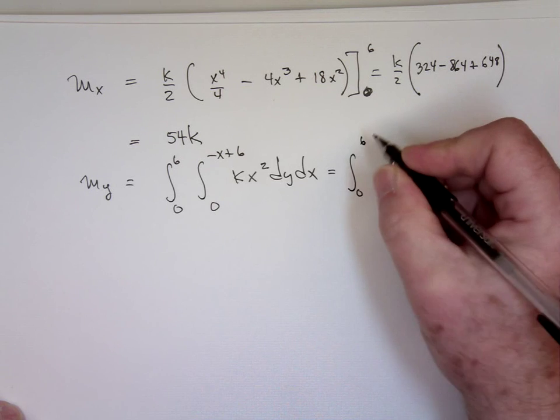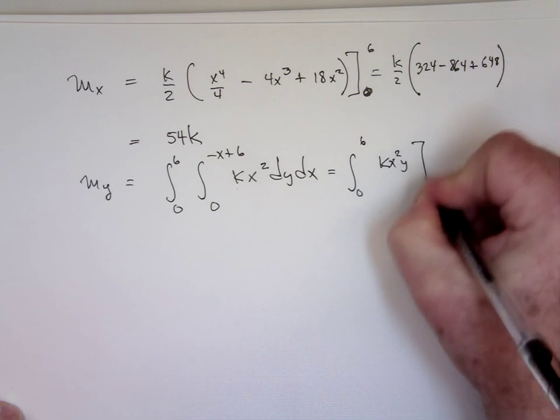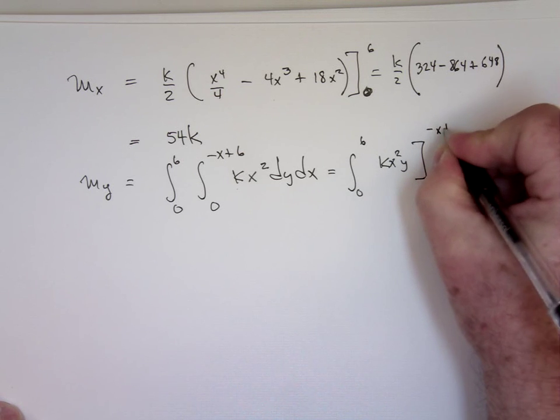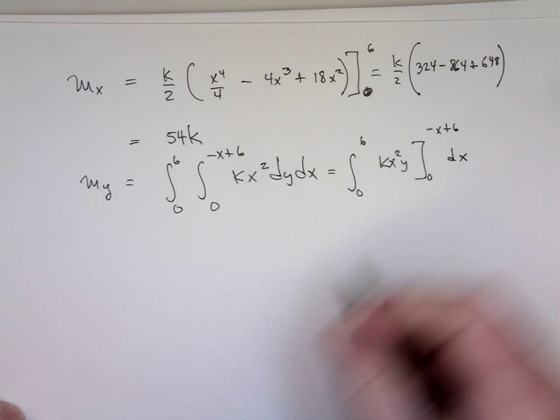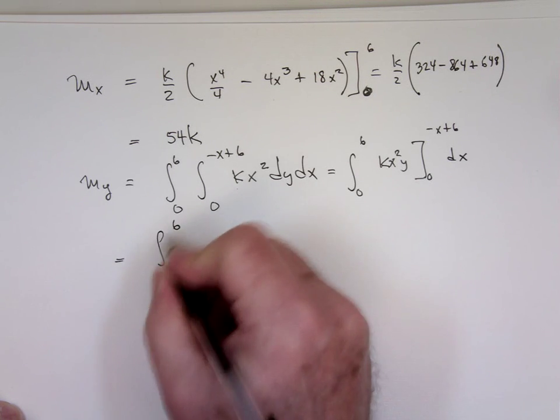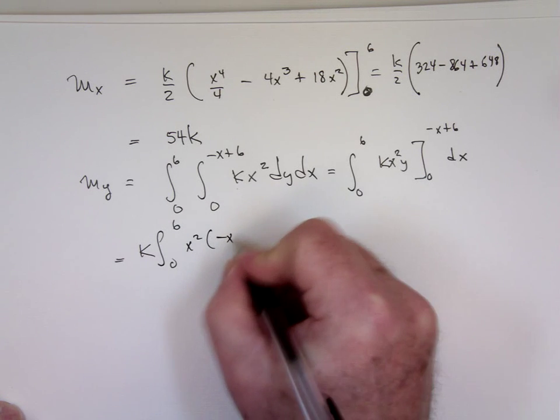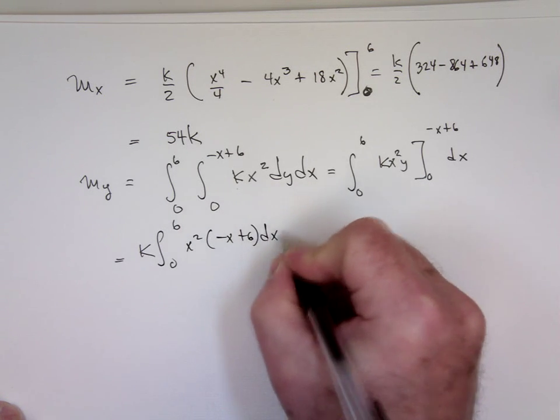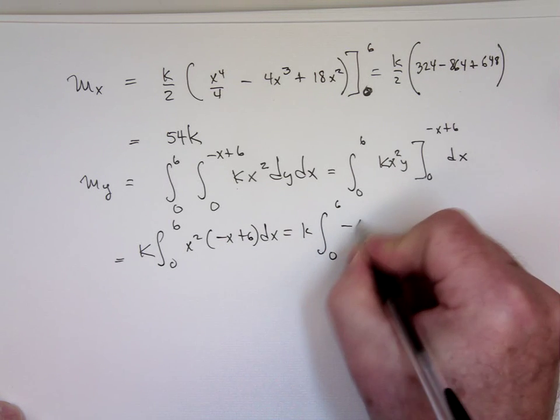Integrate it. Kx squared y, 0, negative x plus 6, dx. Substitute it in. Bring the k out front. X squared y. 0 to 6. Negative x cubed plus 6x squared.